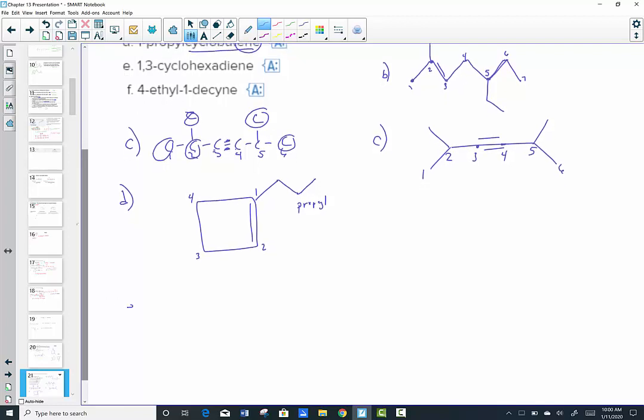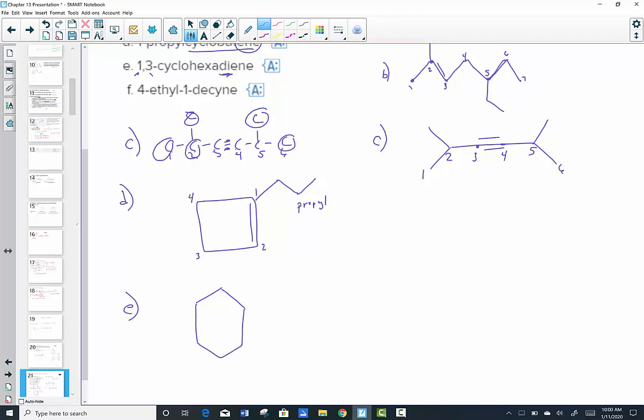Let's take a peek at E. 1,3-cyclohexadiene. Oh, we've got 2 double bonds. Those double bonds are going to be located between carbon 1 and 2 and between carbon 3 and 4. So start by drawing a cyclo, and again, hex means 6. So I'll place 6 carbons in a cyclic structure.